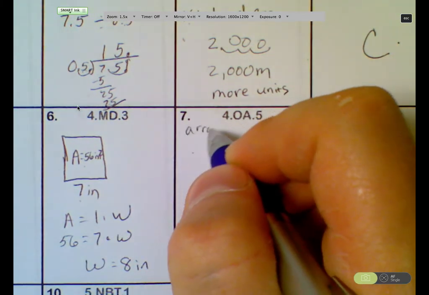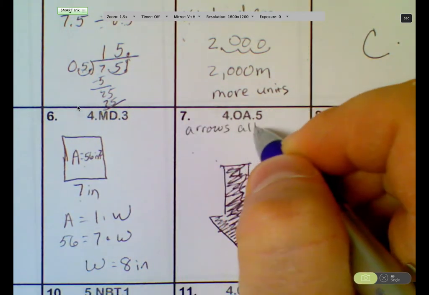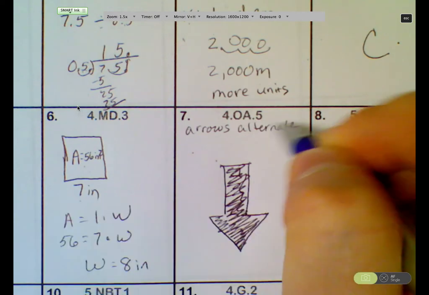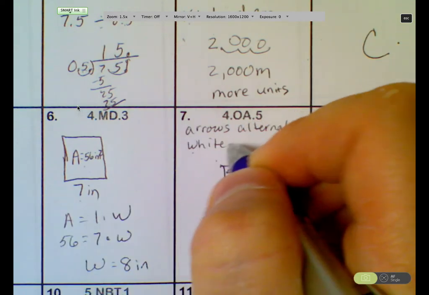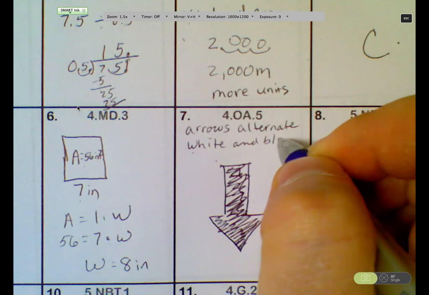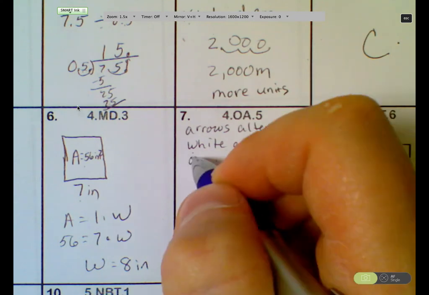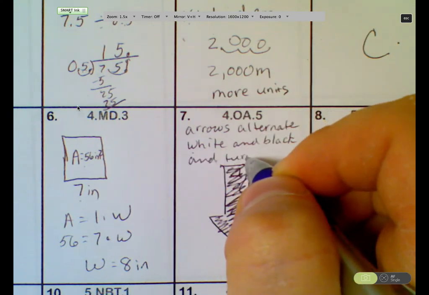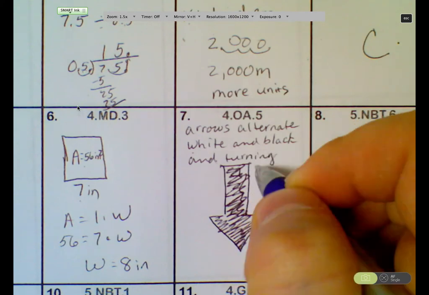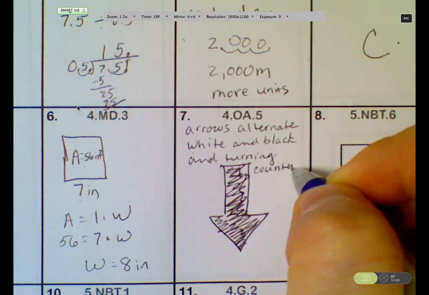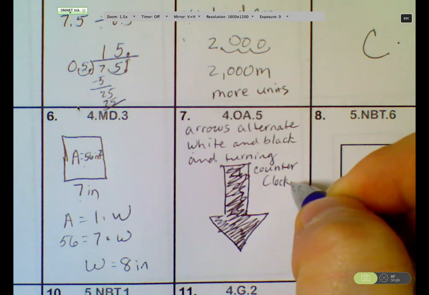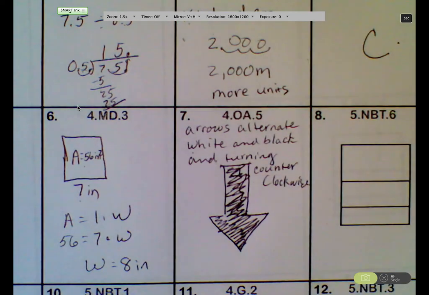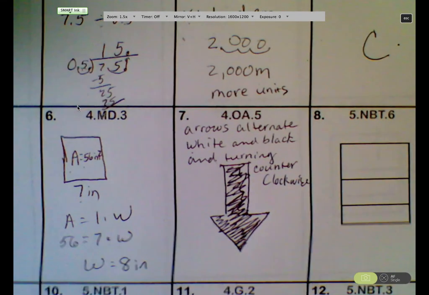Arrows alternate white and black, and turning counterclockwise. Gotta have both.